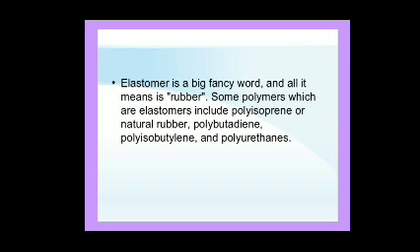Some of the vulcanized rubbers are polyisoprene, natural rubber, polybutadiene, polyisobutylene, and polyurethanes. These are elastomers prepared from man-made monomeric compounds.